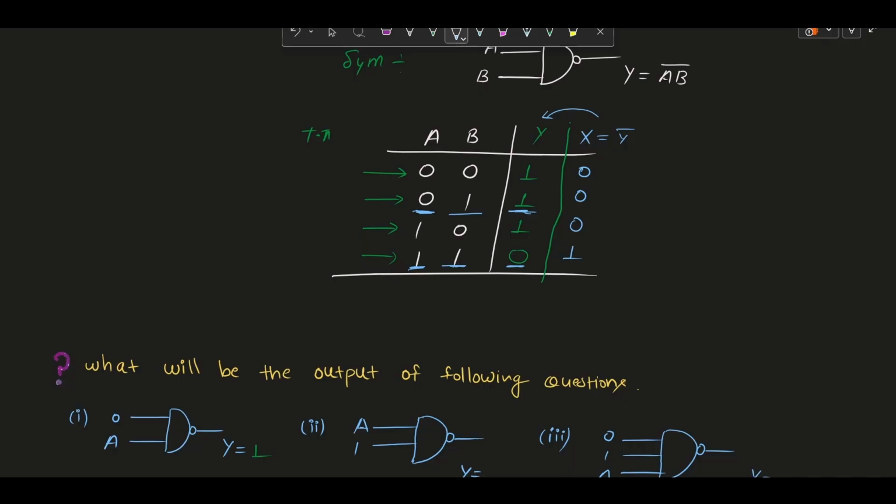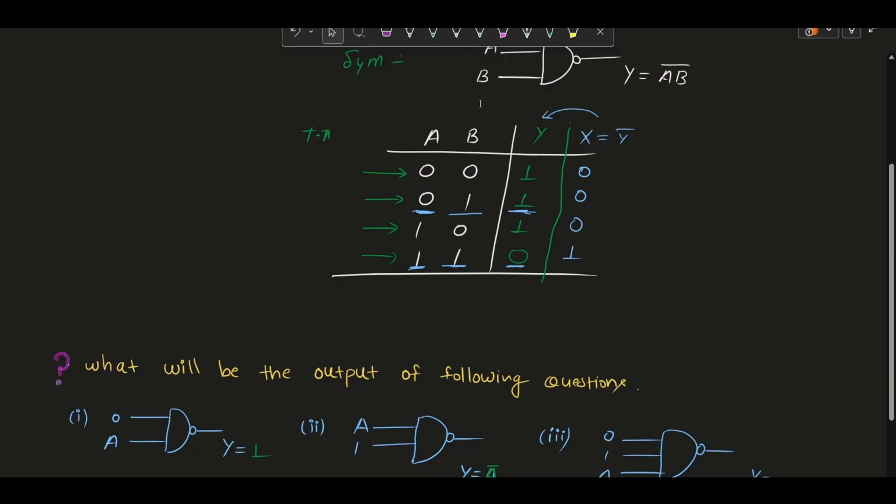So from here we can conclude one thing. Whenever one input of a NAND gate is tied to or set to logic 1, then the output is the inverse of the second input. So what we will write here? The output of this NAND gate is A bar because A is the second input.